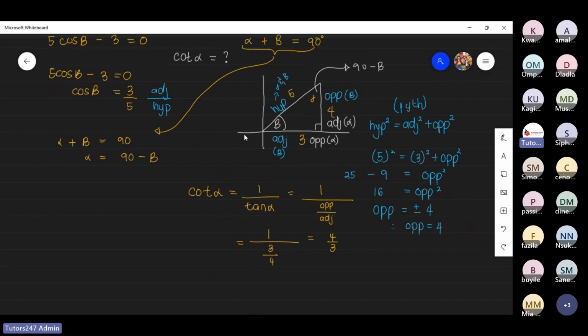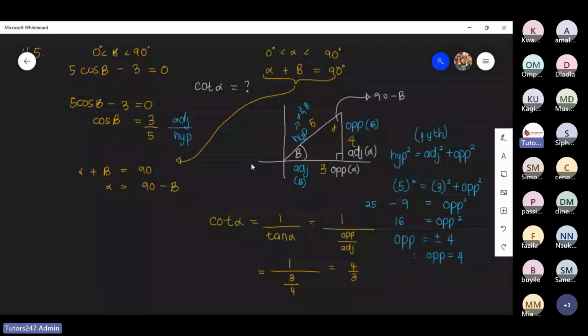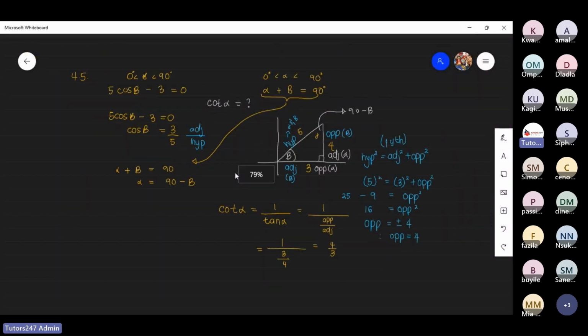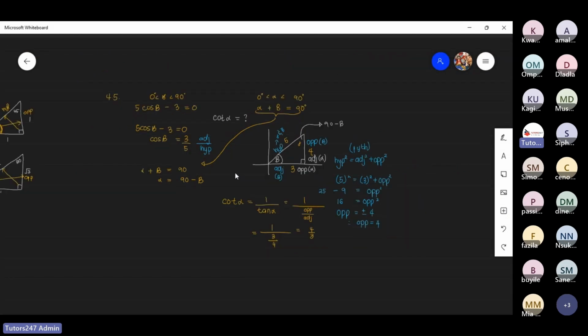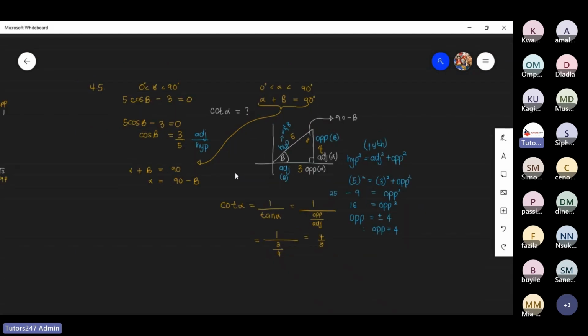So question 4.5, right? We were told that we needed to find the value of cot alpha given the 4 pieces of information. One of those pieces was 5 cos beta minus 3 equals 0.